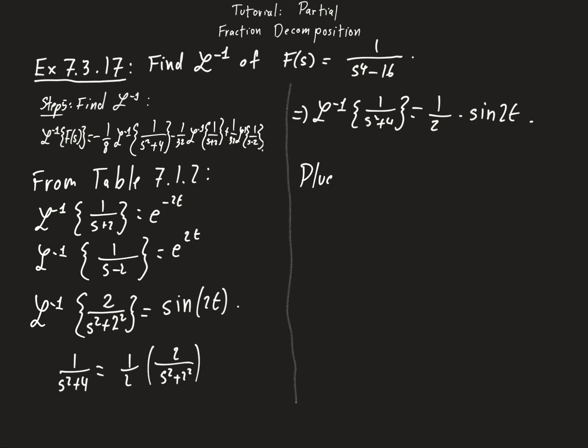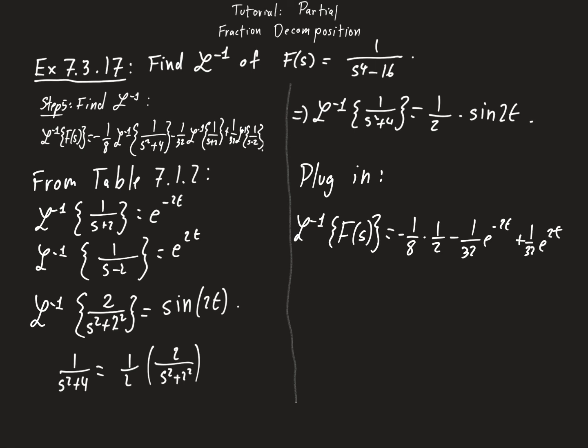All right, now we plug this all in, and we will get that the inverse transform of f of s is equal to negative 1 over 8 times 1 over 2 sine of 2t, minus 1 over 32 times e to the negative 2t plus 1 over 32 times e to the 2t.